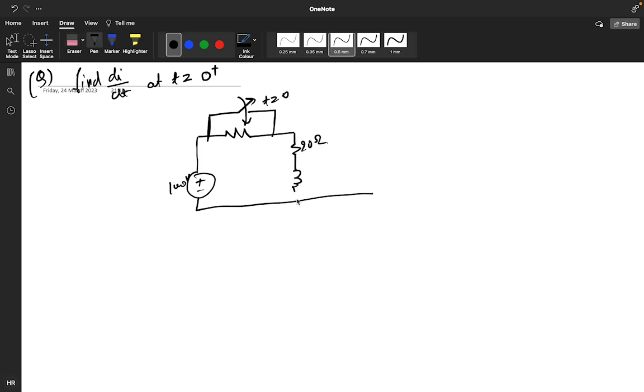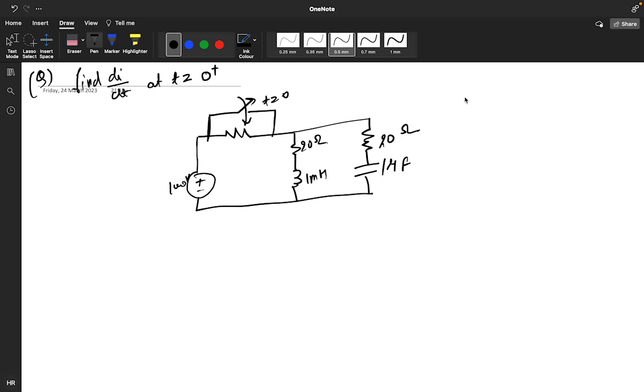This particular is your inductor, 1 millihenry, and you have this 1 microfarad, and this is 20 ohm.